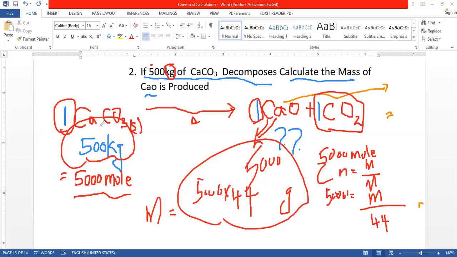So if it's 5,000 mole, calcium oxide also 5,000 mole, and you multiply that 5,000 by the calcium oxide molar mass, and that would be the answer: 280 kilogram. I hope you got it.